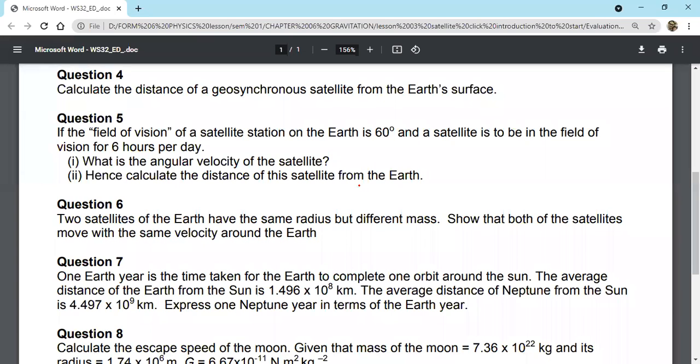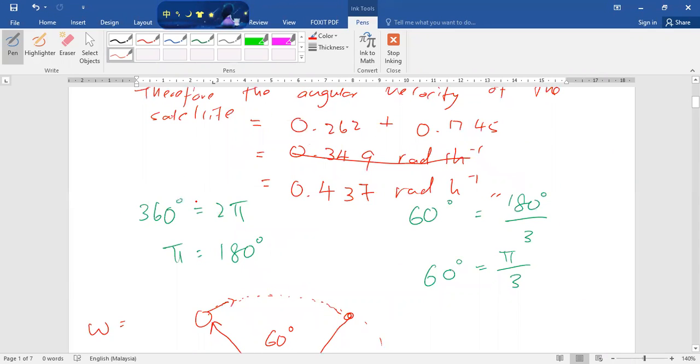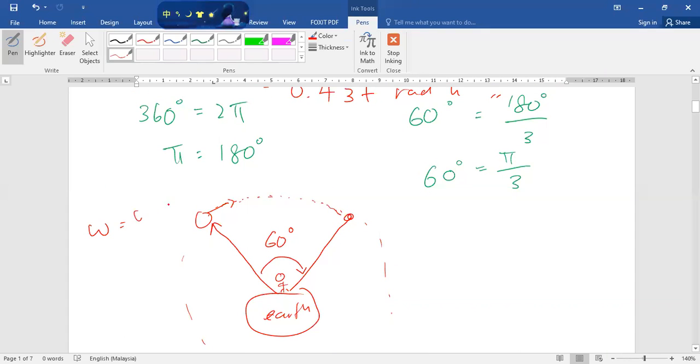We know that this satellite moves with an angular velocity of 0.437 radian per hour. So what will be the R?